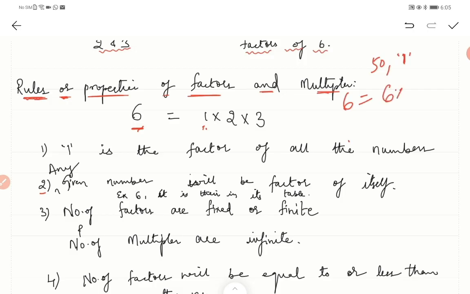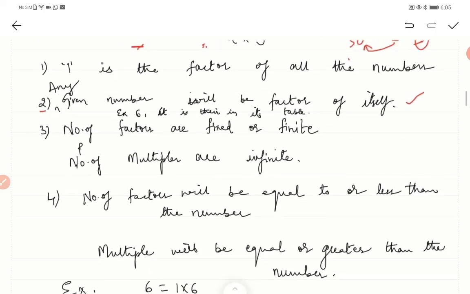I can write it as 6 1s are 6, isn't it? So it is a factor of itself. If I take 50, I can write 50 into 1, so 50 and 1 are the factors of 50. So any number has 1 as a factor, and also itself. I hope you understood the second property.